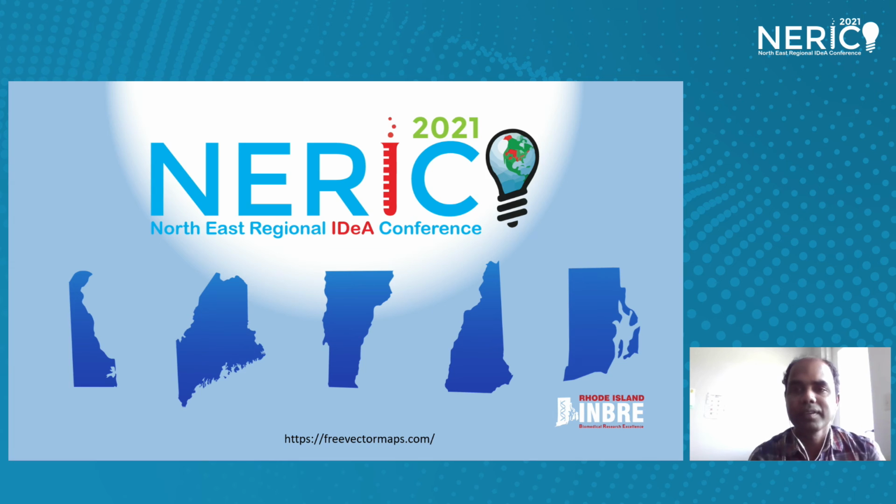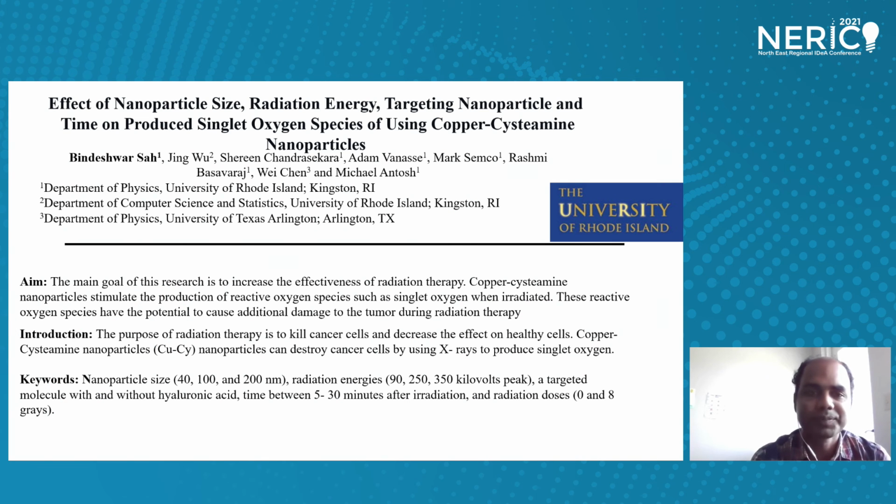Hi. We have a title: effect of the nanoparticle size, radiation energy, and targeted nanoparticle. So copper cysteamine nanoparticle is a newly invented particle. It is not available on the market, but it is very effective for the radiation therapy of most cancer cells.